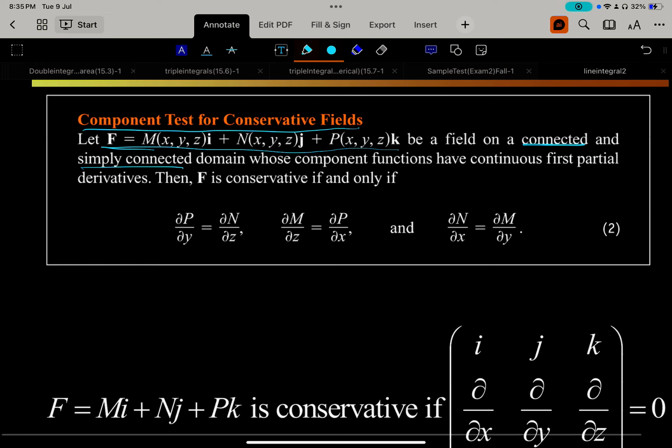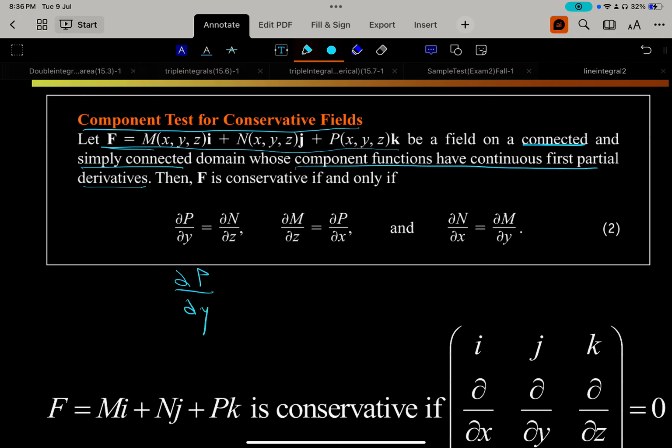So each component M, N, and P has continuous first partial derivatives. Then F is conservative if and only if the partial derivative of P with respect to y is equal to the partial derivative of N with respect to z, the partial derivative of M with respect to z is equal to the partial derivative of P with respect to x, and the partial derivative of N with respect to x is equal to the partial derivative of M with respect to y.